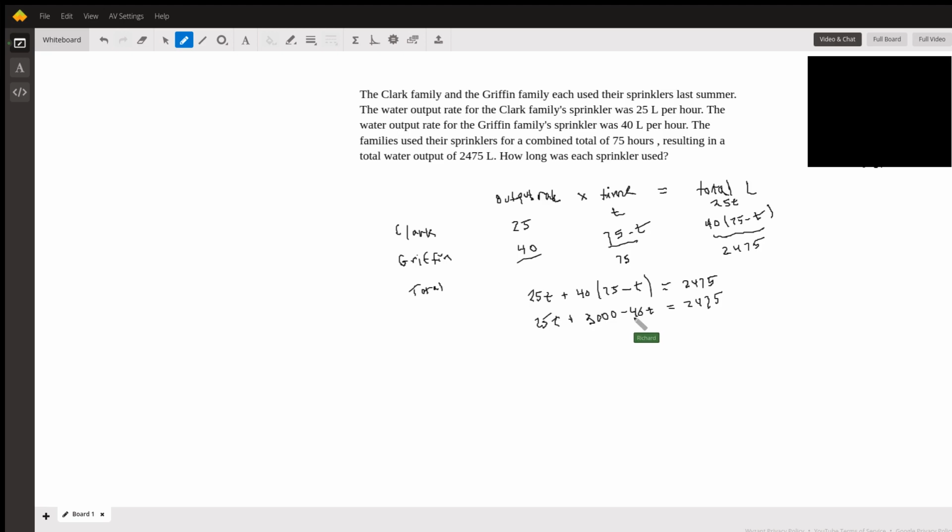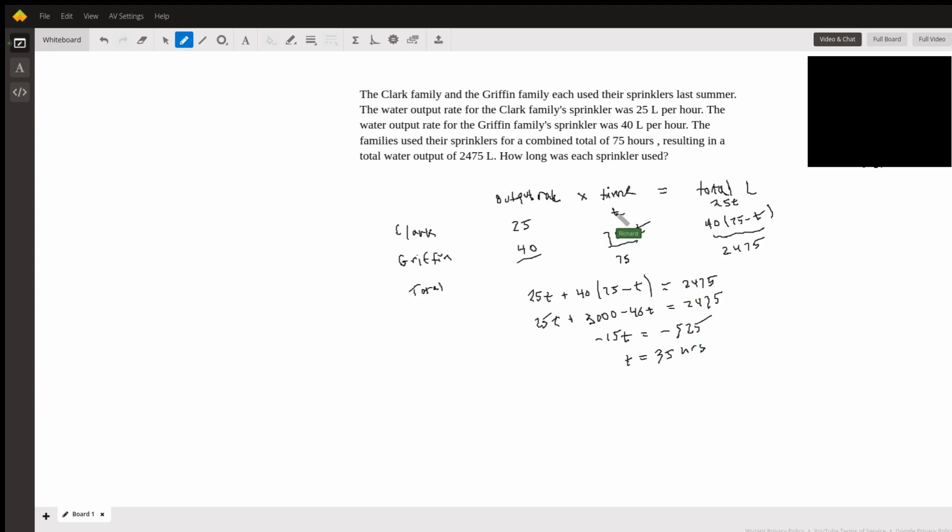And so this is going to be a negative 40 minus 25 is 15, so it's negative 15T equals, I'm going to get a negative over here, 3,000 minus 2475, negative 525, and we divide by negative 15, and T is going to be 35, and time is measured in hours.